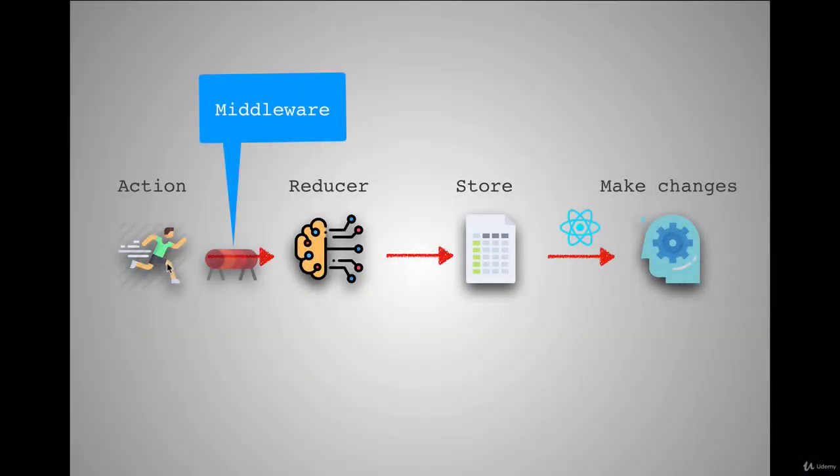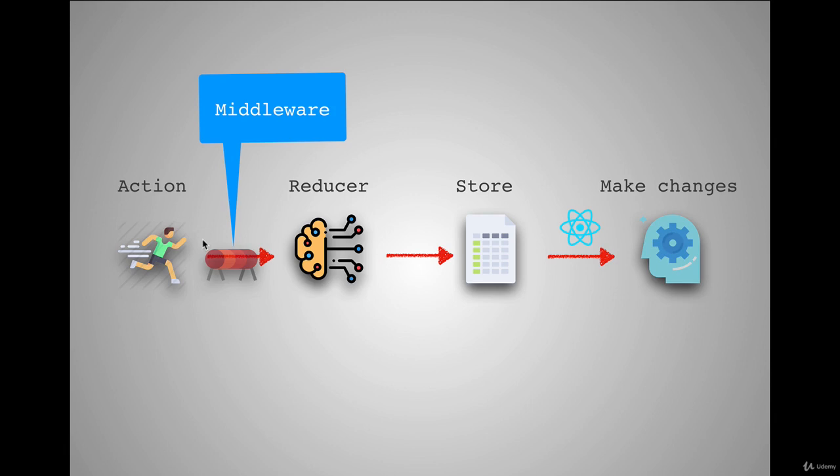Because if we do the same thing like we did with the search field, it wouldn't work with fetching robots, because we're sending an action of, let's say, fetching robots, but because that's asynchronous, it's going to go off in another world into the API and try and get the robots.